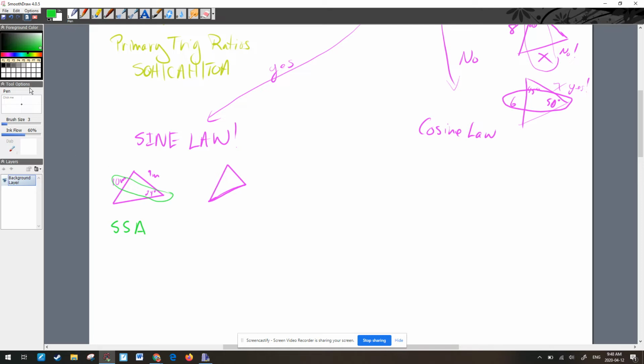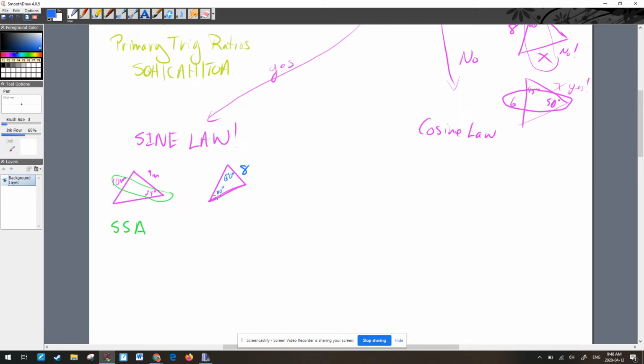Alternatively, if we knew that this one was 30 degrees and this one was, no more than that, 60 degrees, whatever, it doesn't matter. And we knew that this side over here was 8.